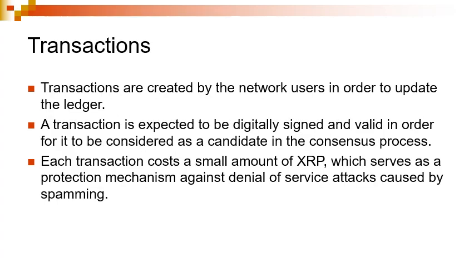Transactions are created by the network users in order to update the ledger. A transaction is expected to be digitally signed and valid in order to be considered as a candidate in the consensus process, and each transaction costs a small amount of XRP, or we can say Ripple, which serves as a protection mechanism against denial of service attacks caused by spamming.